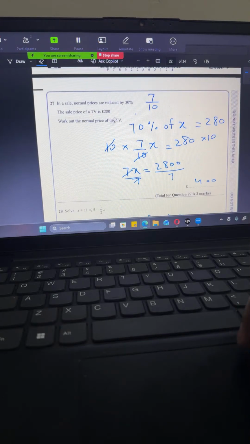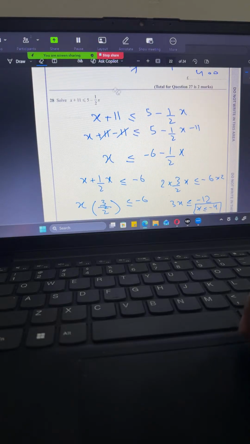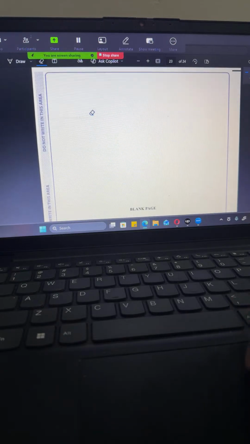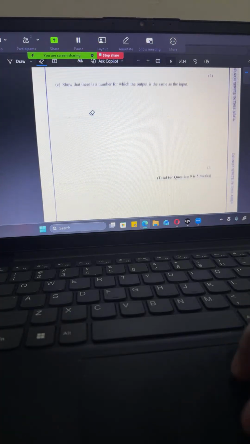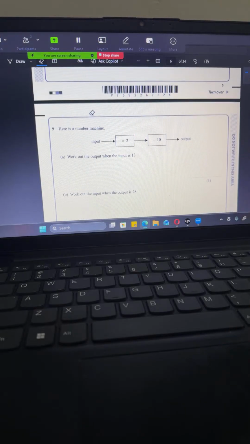This is also part of ratio, and then we have inequality. Believe me, this is very simple. We will work on it. And yesterday you did amazing with all of the previous topics.